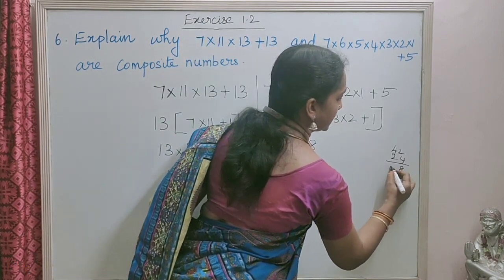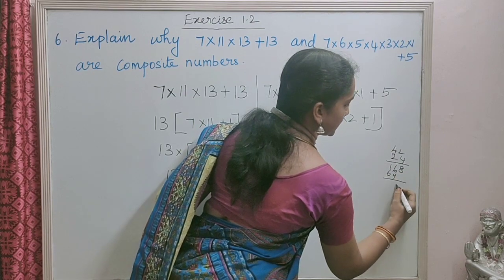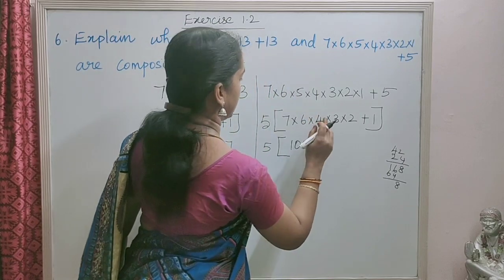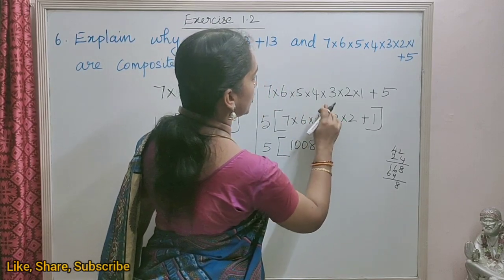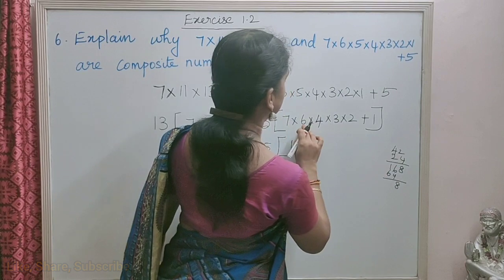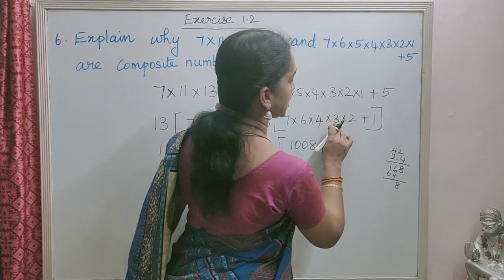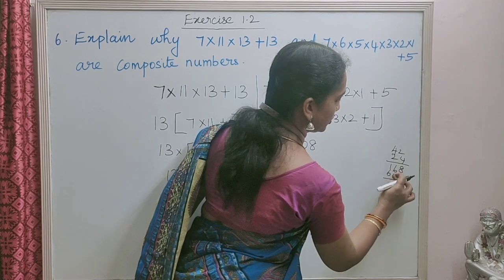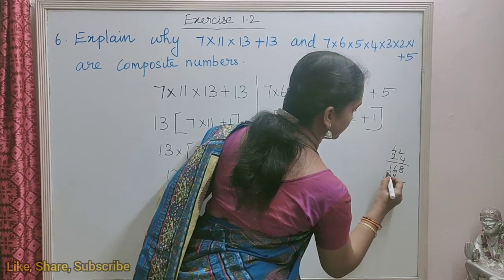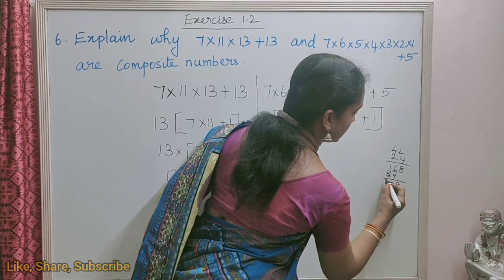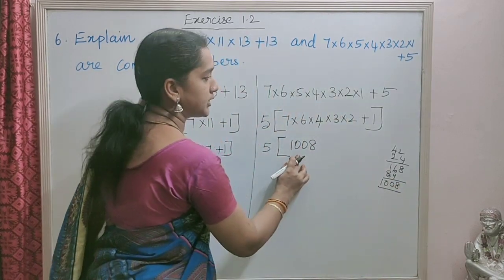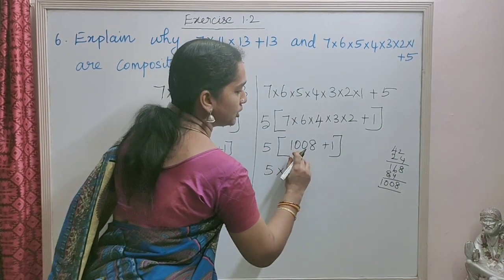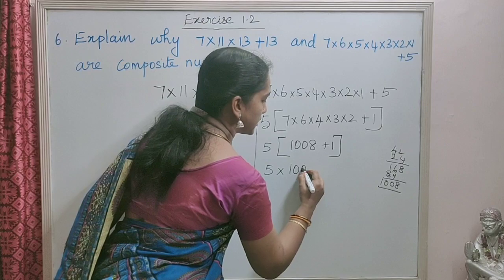So 42 into 24 is 1008. So 1008 I am getting, plus 1. So this is 5 into 1009, so 5 into 1008 plus 1 is 5 into 1009.